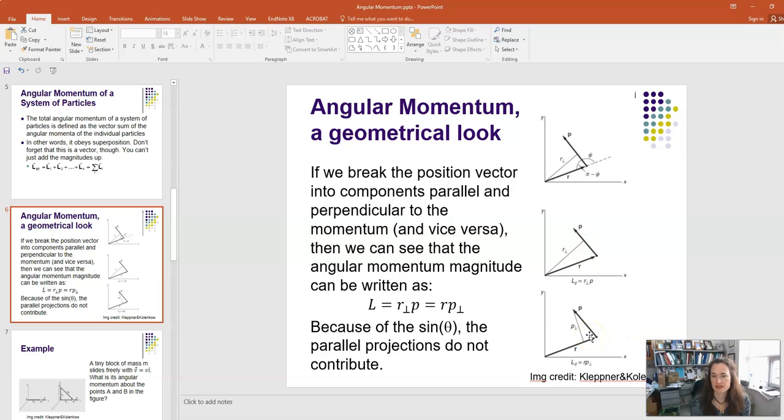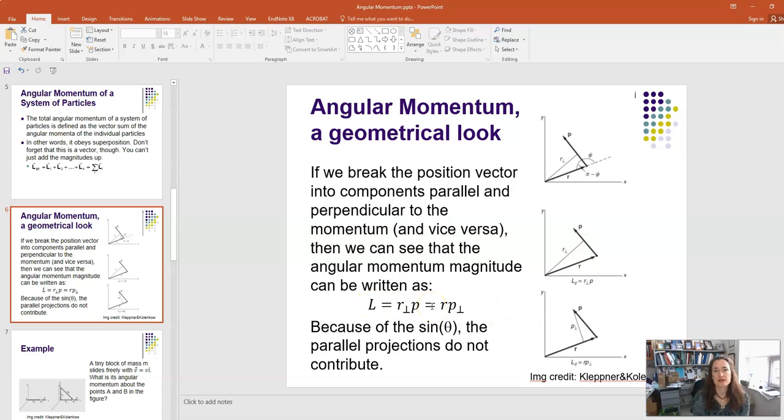Generally, though, people talk about breaking R into components a lot more often than breaking P into components. So people will say that the angular momentum is equal to the component of R, the position vector, that's perpendicular to the momentum vector. If you take the magnitude of that R perp and multiply it times the magnitude of the momentum, that will give you your angular momentum.